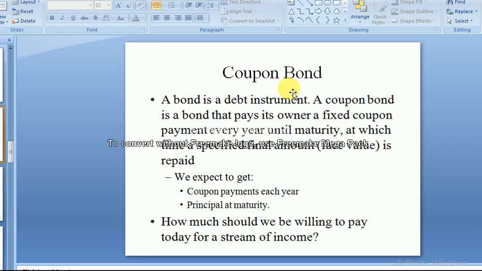Coupon bonds are usually bearer bonds, so anyone who provides the necessary coupons to the issuer can receive the interest payment regardless of whether that person is the actual owner of the bond or not.